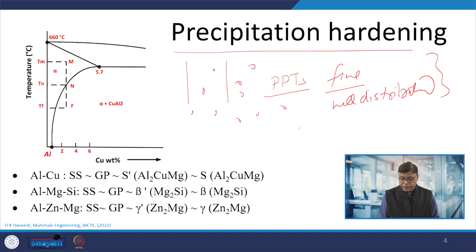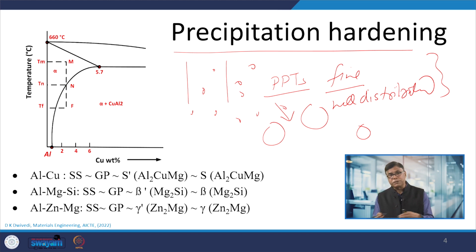Okay. So, if the size of these precipitates increases, then this reduces the yield strength. In precipitation hardening aluminum alloys, if due to one or other reason we get coarse precipitates, then this will reduce the yield strength and hardness. So, efforts are always made to produce fine precipitates for peak hardening and higher yield strength.